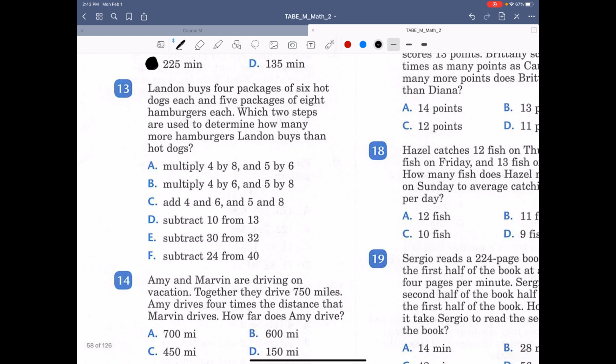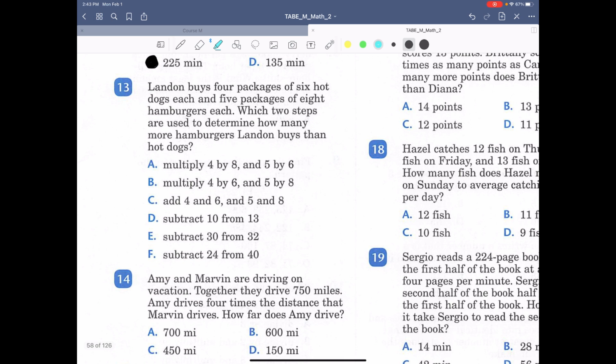Number 13. Landon buys 4 packages of 6 hot dogs and 5 packages of 8 hamburgers. Which two steps are used to determine how many more, that's subtraction, hamburgers Landon buys than hot dogs? So I can eliminate A, B, and C. I know that those can't be answers.